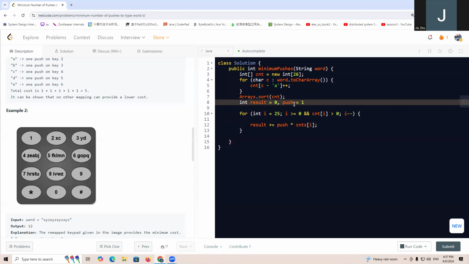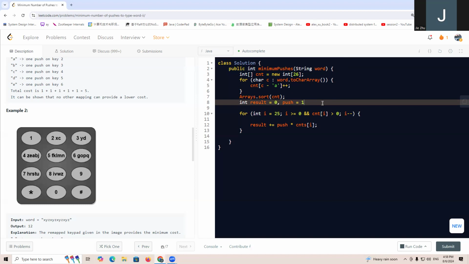We know push becomes 2 when we have used all 7 characters, so then we increase push to 2.